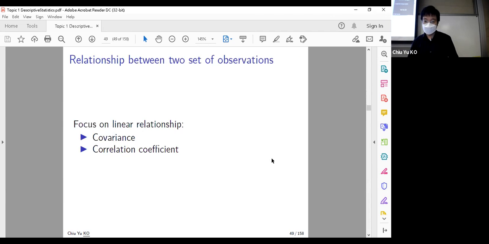Now we are going to talk about covariance and correlation. This time we proceed a little bit slower because it was just introduced last time. What we have so far, before that, is the mean and so on, talking about each subject where we have one observation.